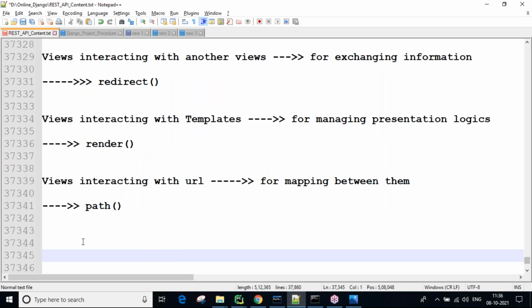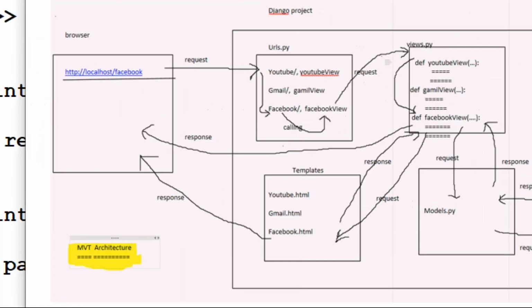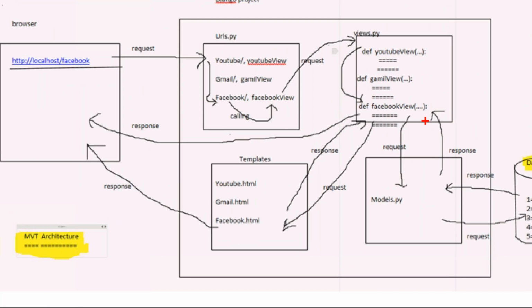If you want to return a response from the view to the browser, I already told you: the view receives the request, processes that request (the logic is written here), generates the response, and returns that response back to the browser.